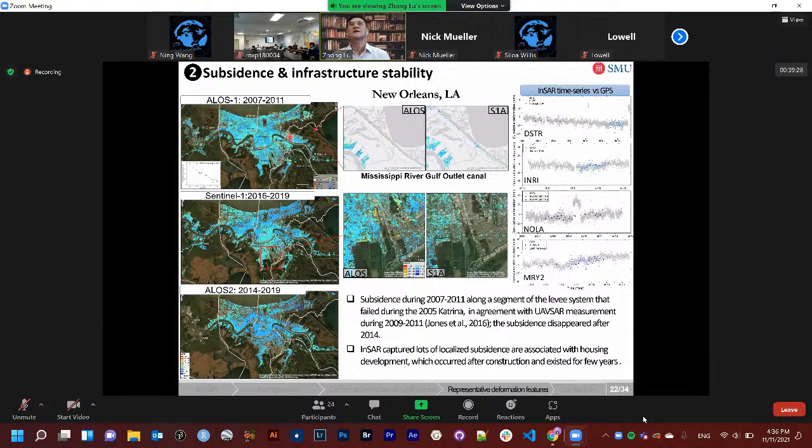This is now. But what we see here, taking the data from 2007 to 2011, we zoom out this area, this Mississippi River Gulf Outlet canal, and over this segment, you see this segment.